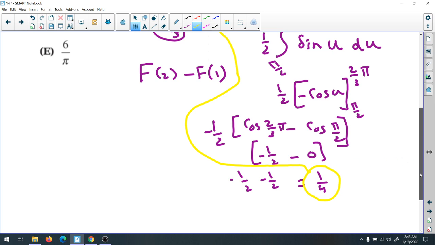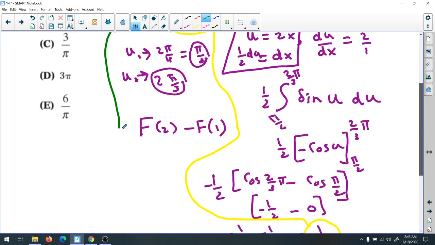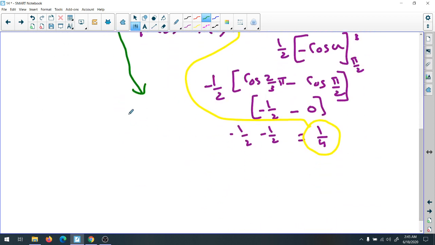Now we want to evaluate 1 over pi over 3 minus pi over 4. You take the common denominator, which is 12, and cross multiply. 4 times pi is 4 pi, minus 3 times pi, 3 pi.